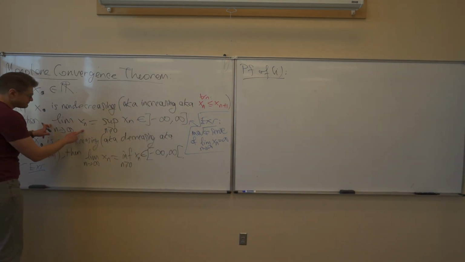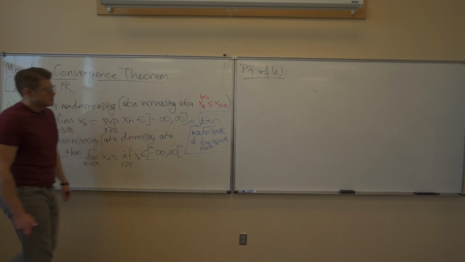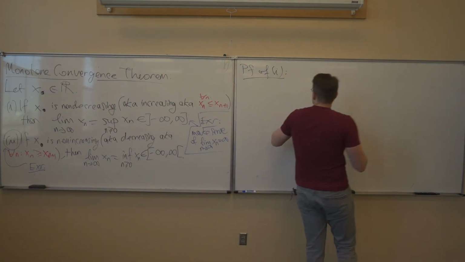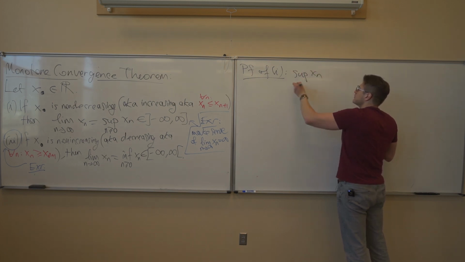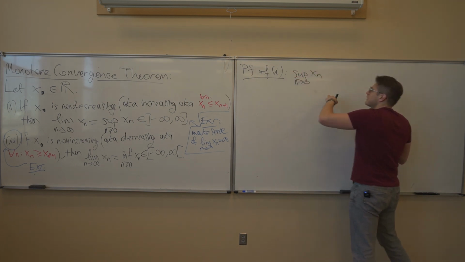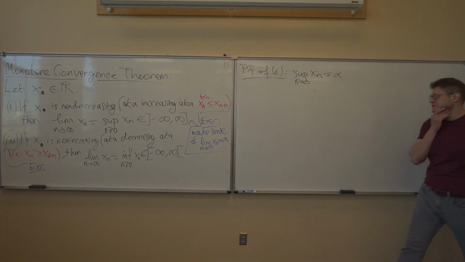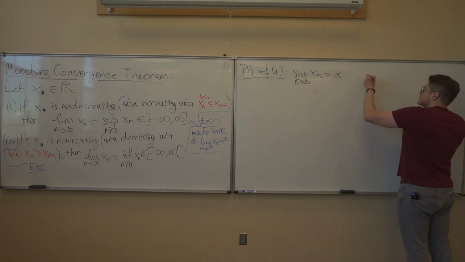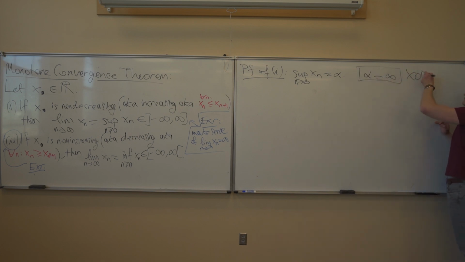Because the theorem itself tells me what the candidate is. So either, let me call this alpha so that I don't write it many times, either alpha is infinity XOR alpha is a finite number.